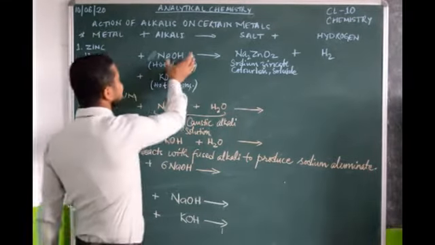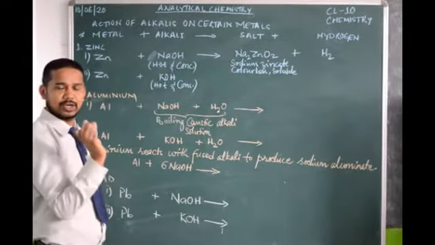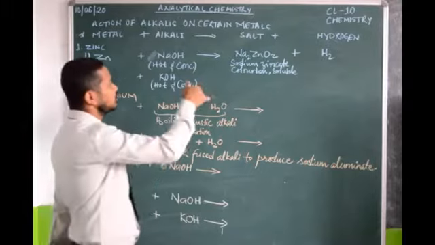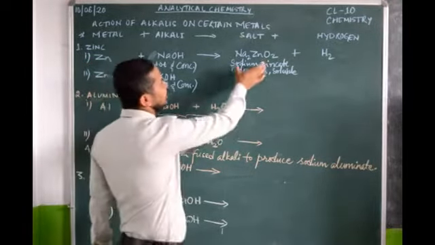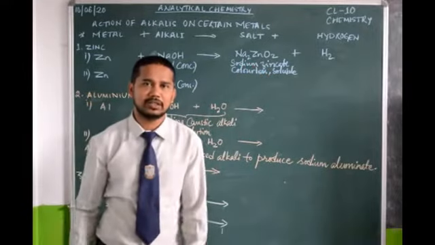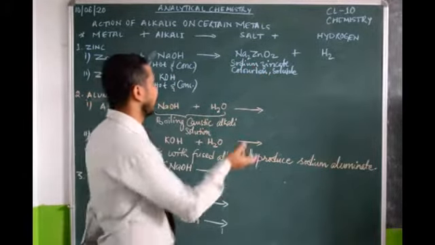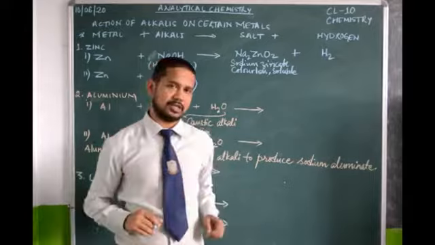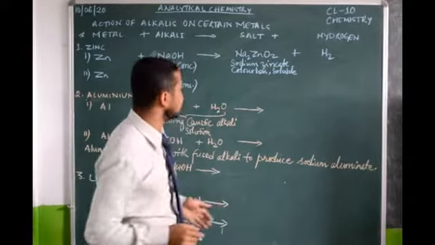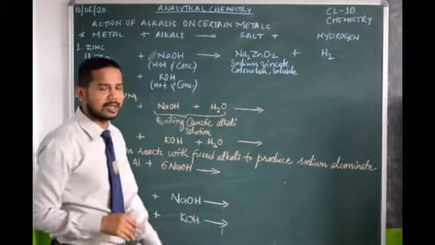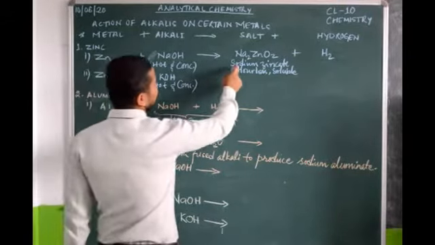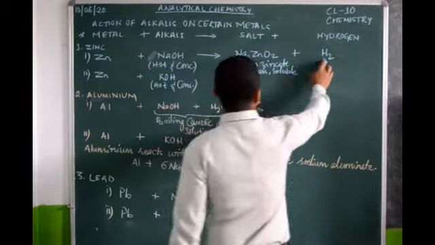When excess of sodium hydroxide reacts with zinc hydroxide, we will get sodium zincate as a soluble compound, and there will be no precipitate. So sodium zincate is soluble in water, and we will get hydrogen gas.